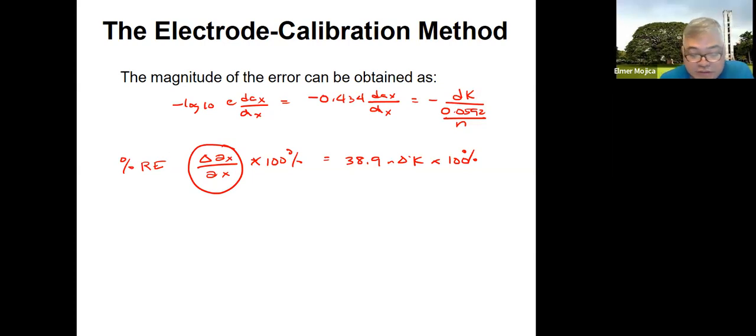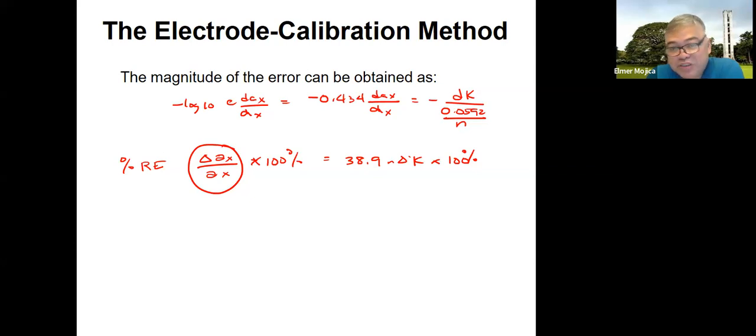Now, it's important to note that this uncertainty is characteristic of all measurements involving a cell that contains a salt bridge, and it cannot be eliminated even by the most careful measurements of the cell potential or the most sensitive and precise measuring device. So that's the problem.